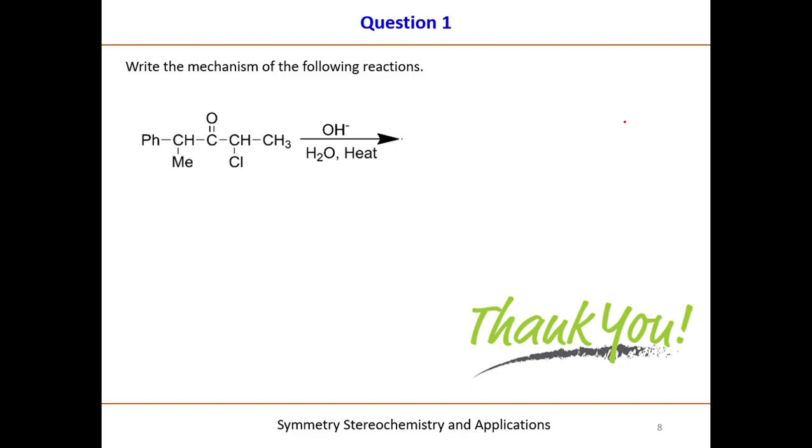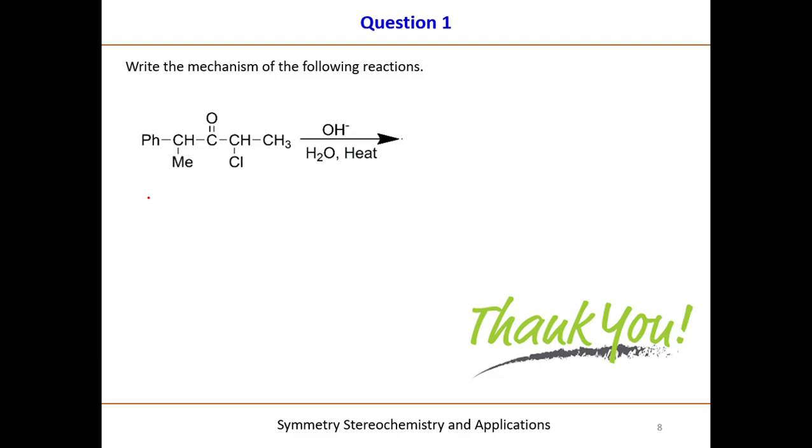Okay. So in this reaction, you can see here we have an alpha haloketone.